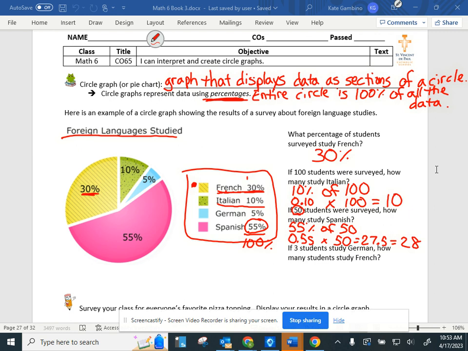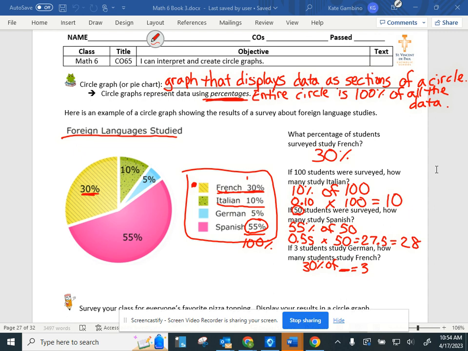So we know up here, we knew a total amount and we knew a percentage. Down here, we know what it equals and we know the percentage is 30%. We want to know out of how many. If we know that total amount and we know our percentages, then we can go to the French. So how many students are there if 30% is 3?